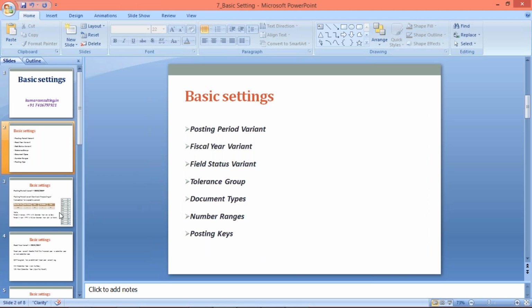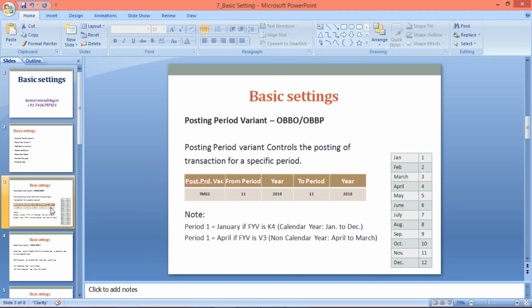Now, look at here, posting period variant. What is this posting period variant? Posting period variant controls the posting of transactions for a specific period.